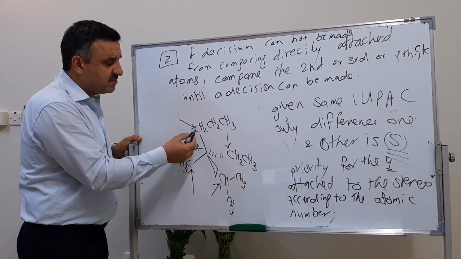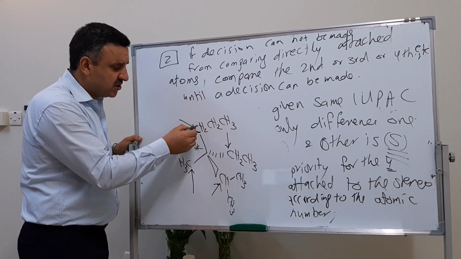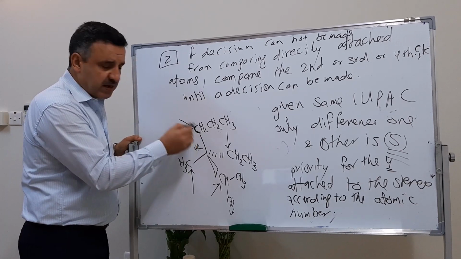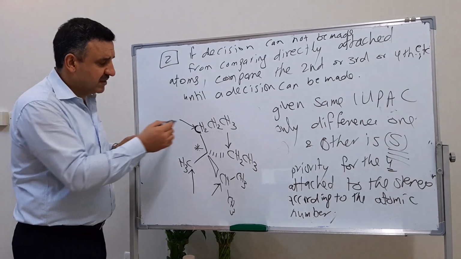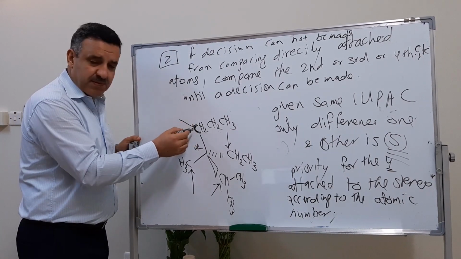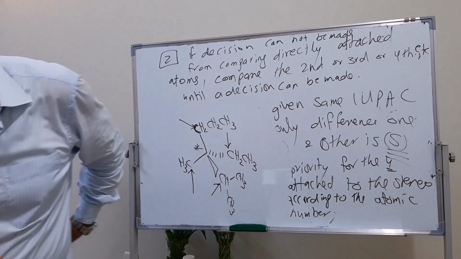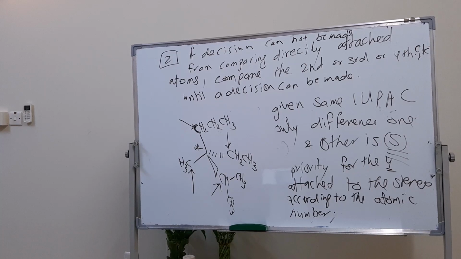What are the atoms attached to this carbon? Just tell me, what are the atoms attached to the specified carbon in here? Be more specific.